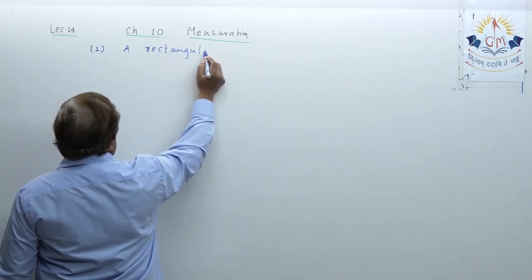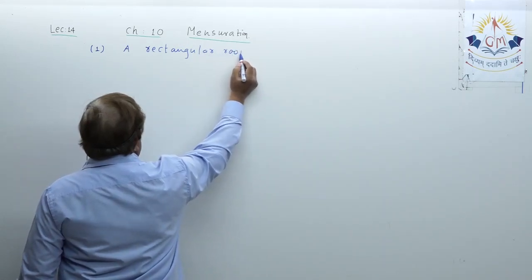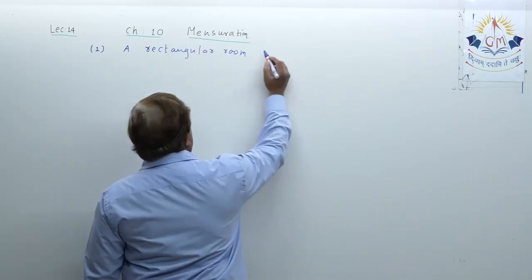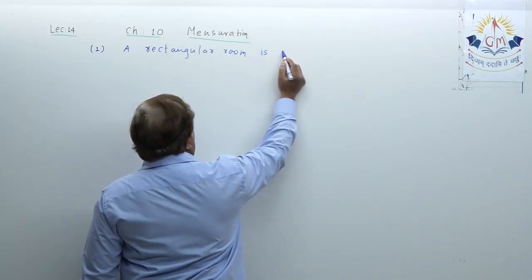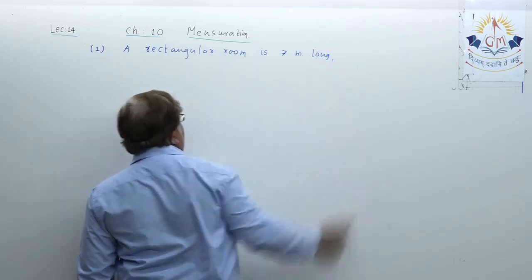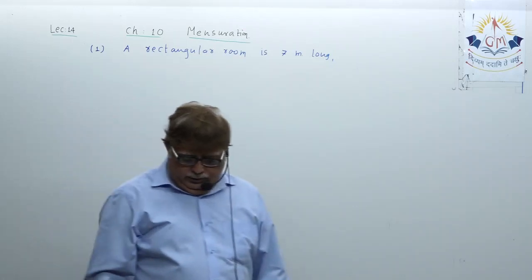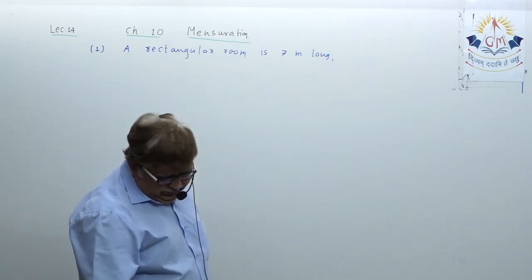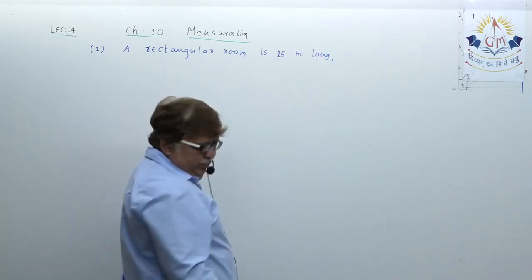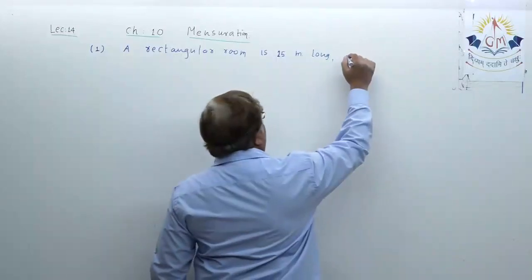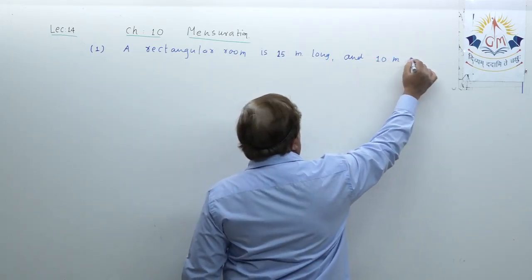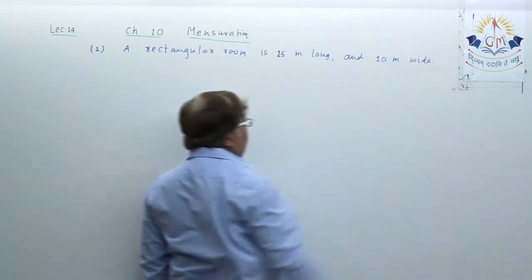A rectangular room is, please note down, sorry, 15 meter long and 10 meter wide.